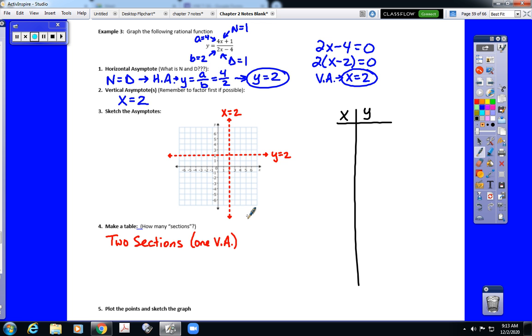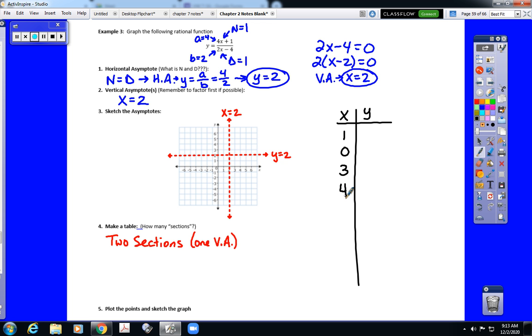We have two sections, a left section and a right section. We really should only need 4 points in theory. We need 2 points to the left of x equals 2, which would be like, I don't know, 1 and 0 would probably be good numbers to use, and 2 points to the right, which we'll use 3 and 4 and see if they work out.